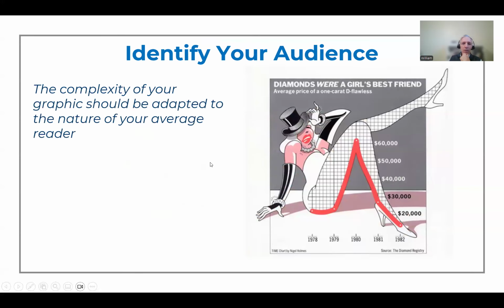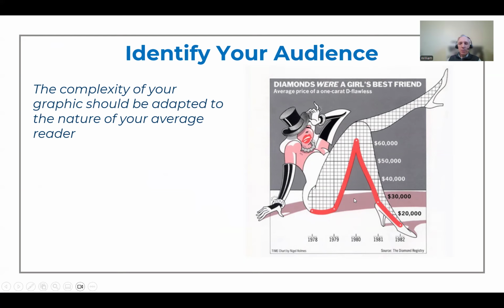Okay, so this is I think the image that triggered a whole cascade of discussion about chart junk. And this is in the New Yorker. Sorry, it's in Time. Now, there are two competing iconoclasts.